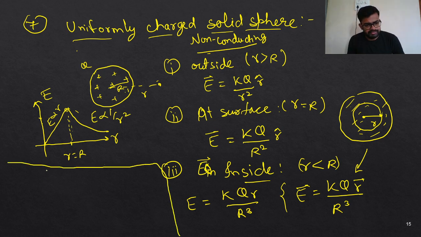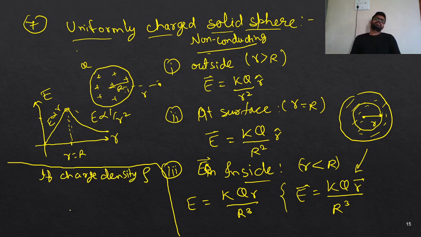How will you write it? Remember the first formula, E outside, is kq upon r square. So q can be written like this, my dear friends: Q is equal to density into volume, so rho into volume.